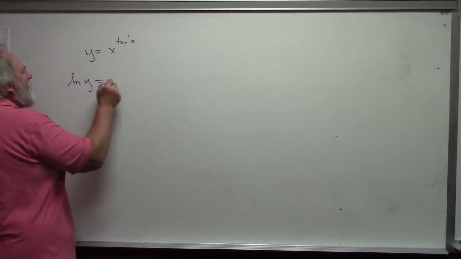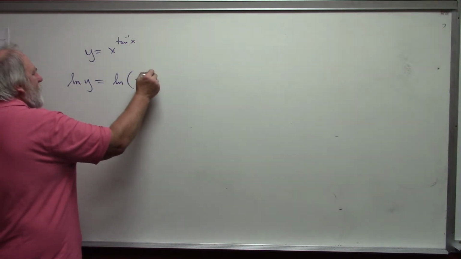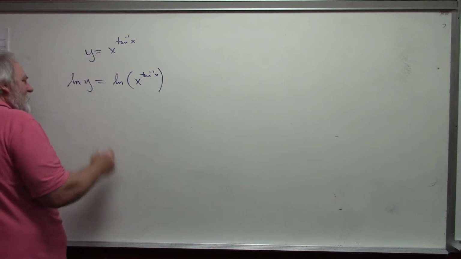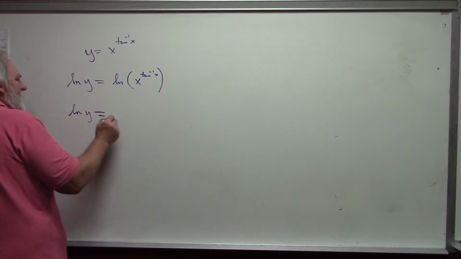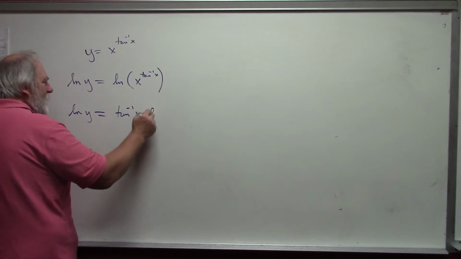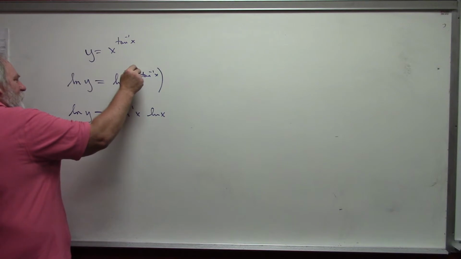Natural log of y is equal to the natural log of x to the arctan of x. Using the rules of logarithms, this becomes arctan of x times the natural log of x. This comes out front.